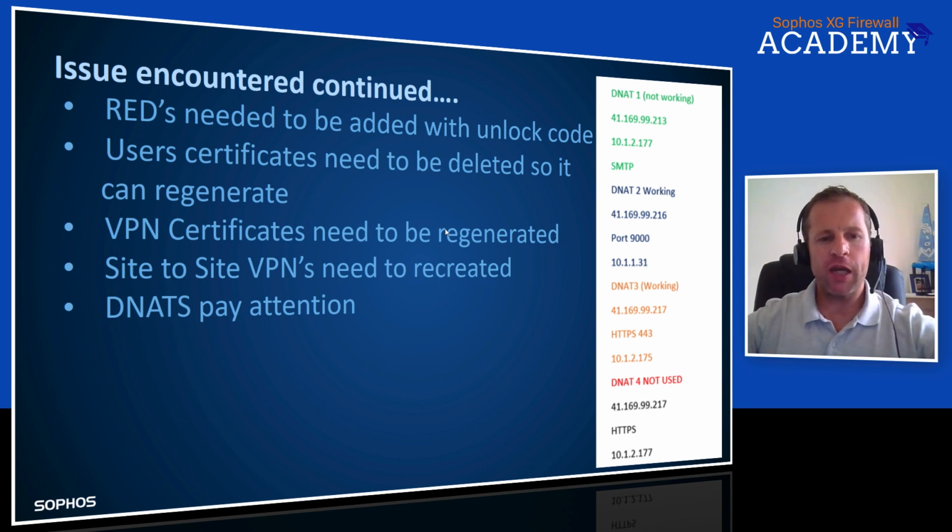And then from the DNATs point of view, just pay attention. What I did is I made a list of the DNATs on the device, and I tested them from external to see which ones were working and which ones weren't. I made a little sample file of what I did, and I could establish which DNATs are being used and which ones are not, because I was migrating DNATs that weren't needed or weren't used anymore. So it's best to test these while the SG is still online.